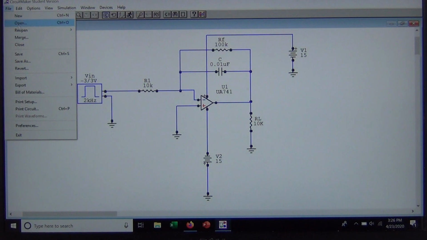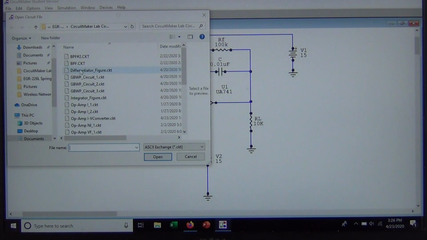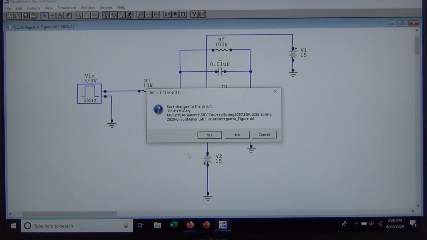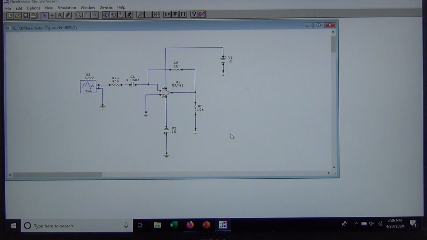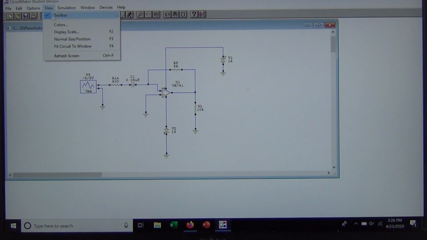Now, I'm going to load the differentiator circuit. And here's the differentiator circuit. Let's blow it up. I guess we'll do the same thing with 150%.